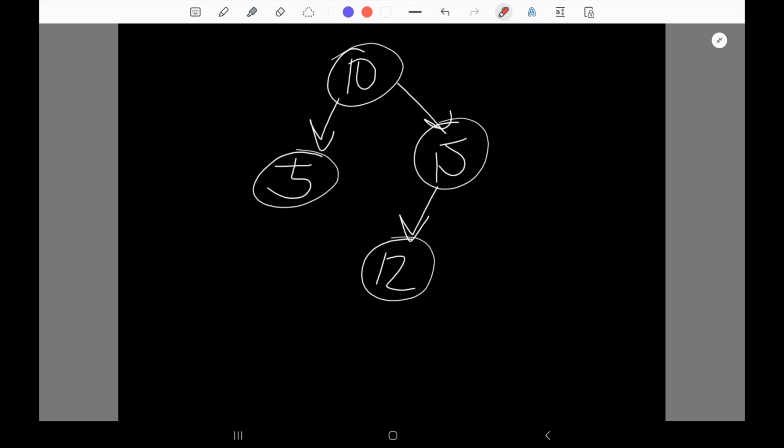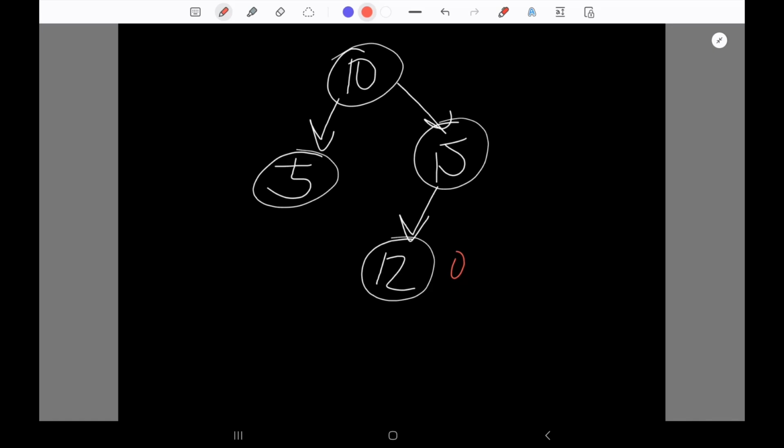So is this a balanced tree? Yes, it is, because we'll start from the bottom. So this one doesn't point to any node, so it has a zero balance factor.